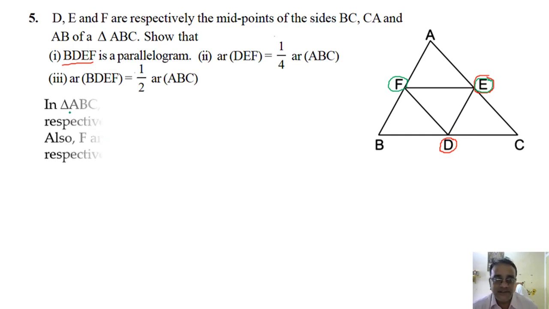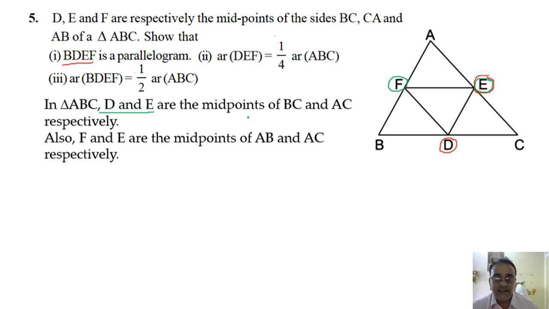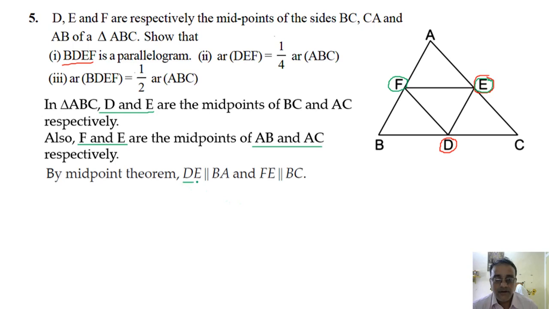In triangle ABC, D and E are the midpoints of BC and AC respectively, and F and E are the midpoints of AB and AC respectively. So therefore, by the midpoint theorem, DE is parallel to AB and FE is parallel to BC. I am using only the parallel symbol because मुझे parallelogram proof करना है, इसलिए parallel symbols use कर रहा हूँ.